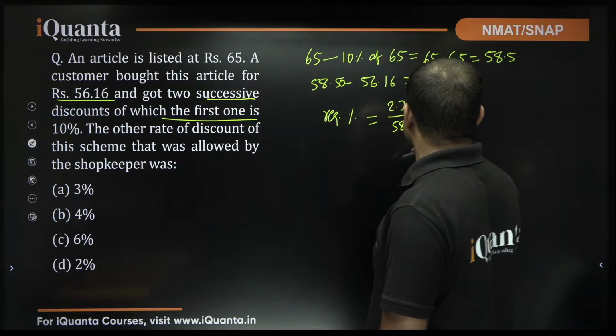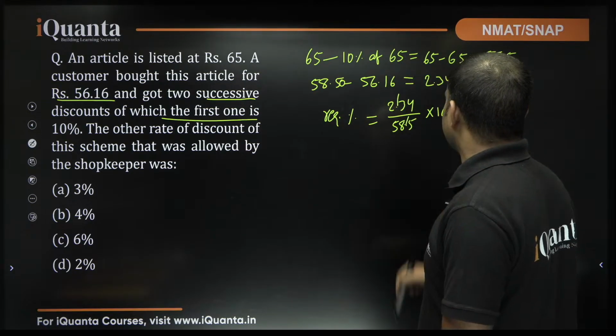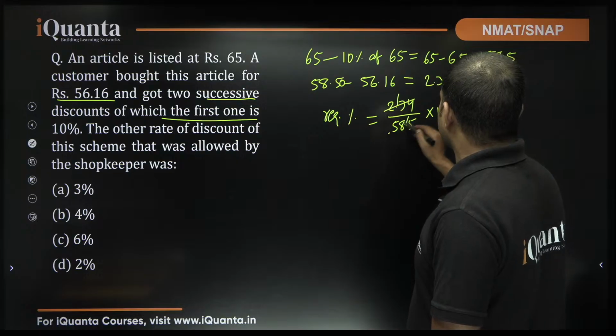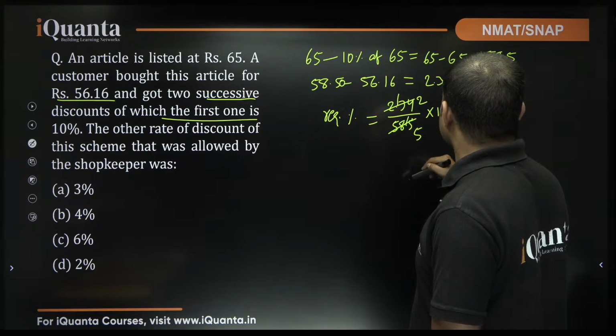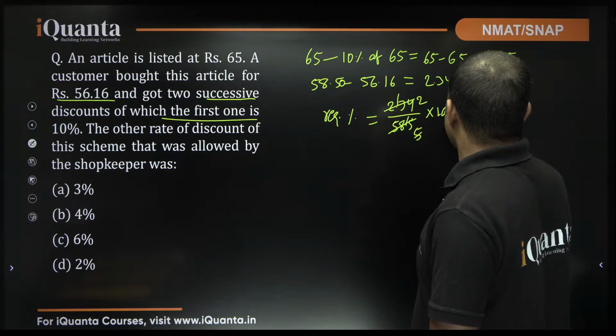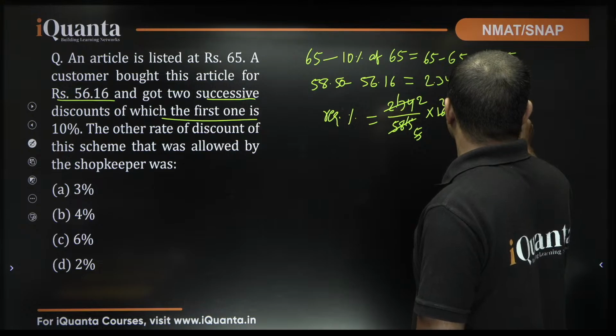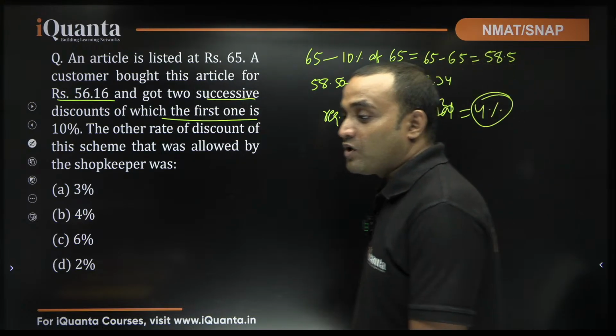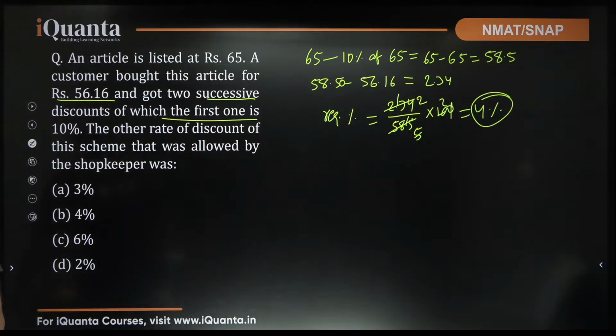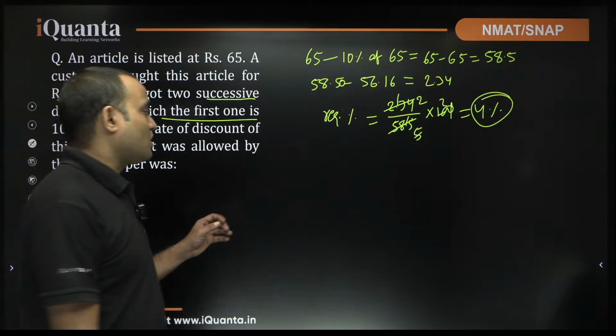So remove the decimal, this will be cancelled out. 117 into 2, 117 into 5, 5 into 2, that is equal to 4%. So this is one way to solve this question.